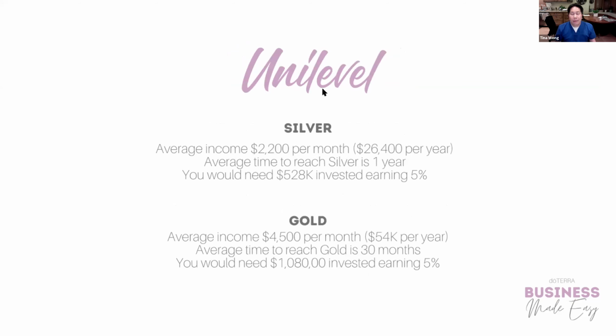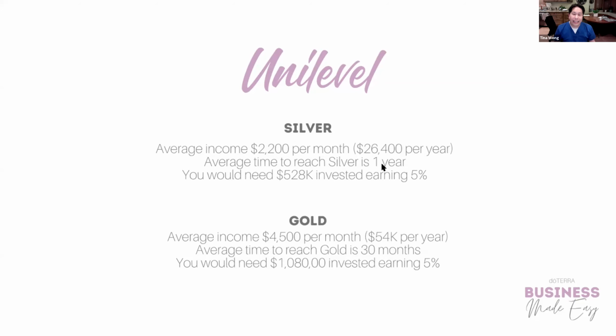Again, Power of 3 is different than Unilevel. Unilevel is also paid monthly. And once you get to certain levels, those Unilevel bonuses get significant. An average silver is earning about $2,000 a month. Okay, so let's say $2,200 a month times a year. That's $26,000 a year.